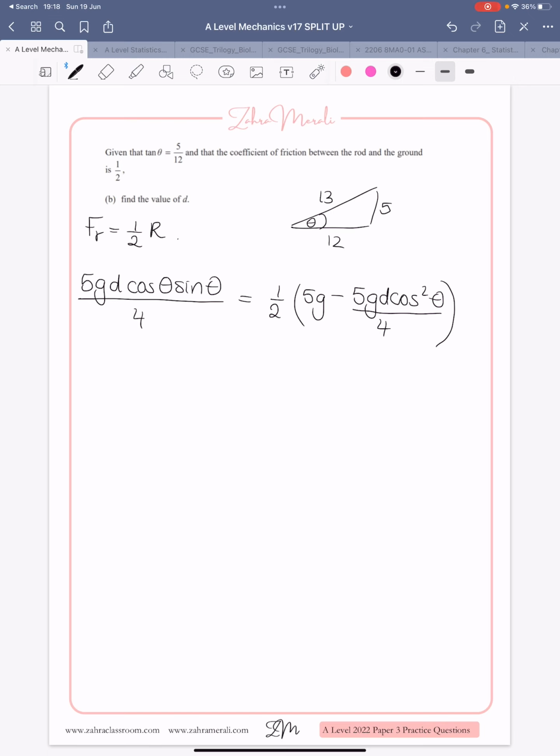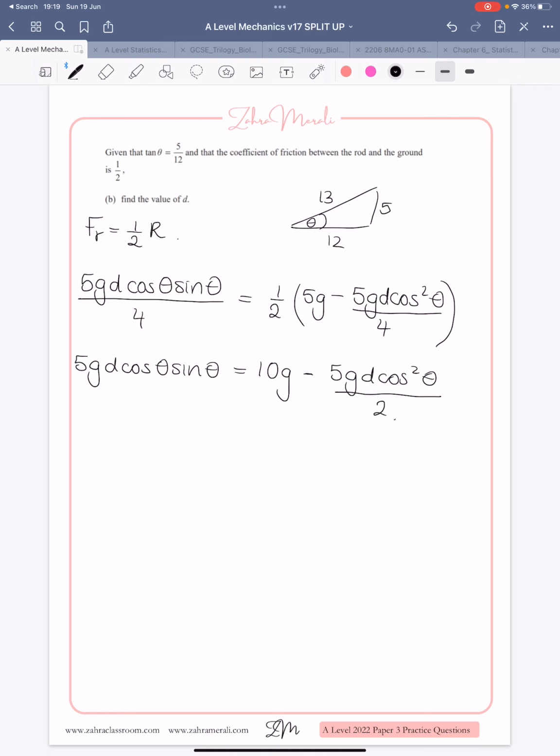I'm going to multiply both sides by 4. So that's going to give me 5GD cos theta sine theta equals, that's going to become 2, so that's going to give me 10G minus 5GD cos squared theta over 2.